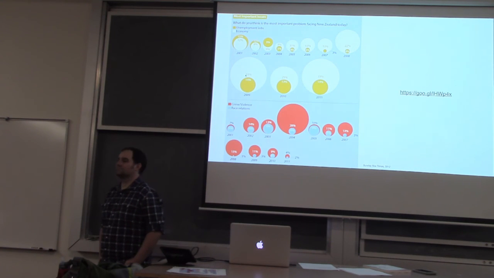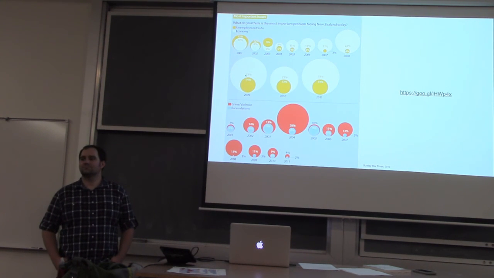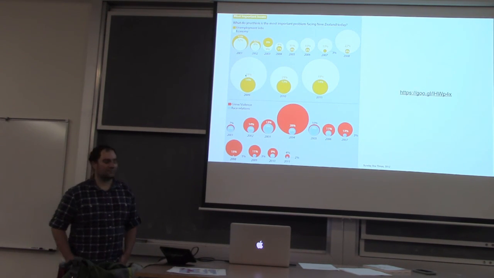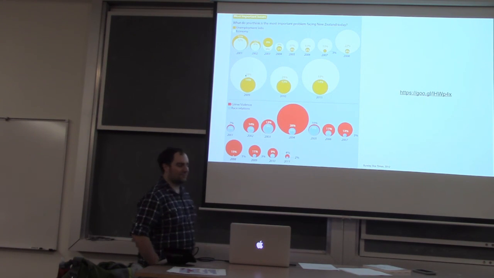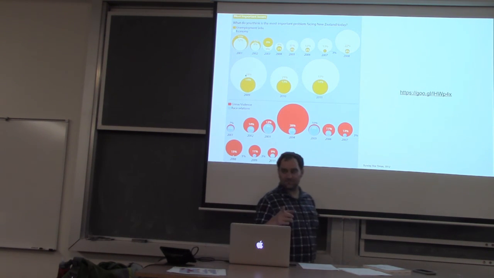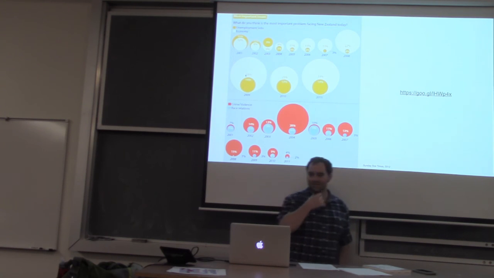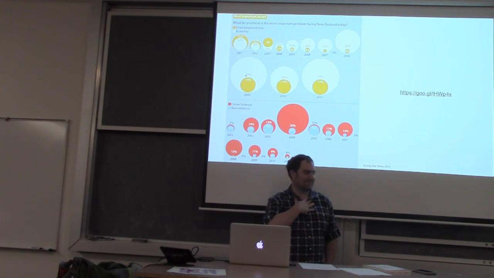Mm-hmm. So it's more like what proportion of people think about the same thing. Yes. Also, the most important one goes in the background in this case. Bigger one, yeah.